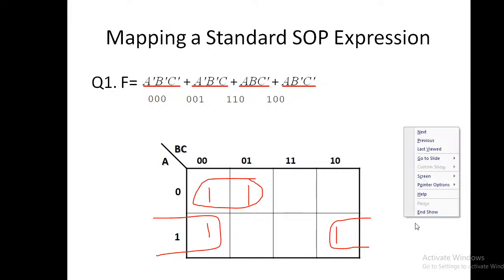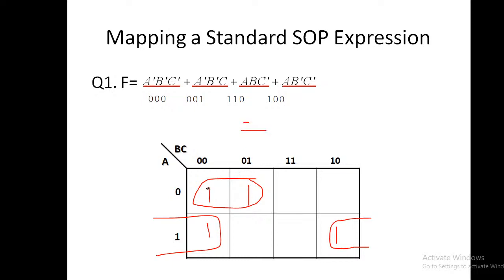Now when you are writing this way, your aim is that all ones will be either in a pair or in a quad or in an octet. Okay. If a one is not in a position to be part of a pair, quad or octet, we will just write the full expression for that.